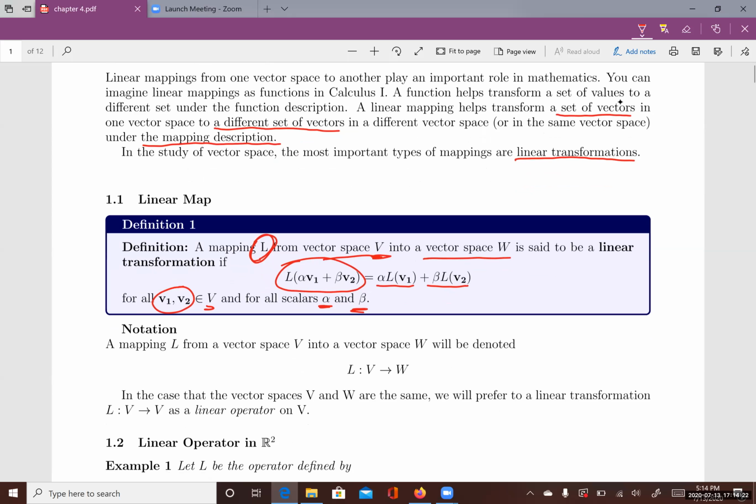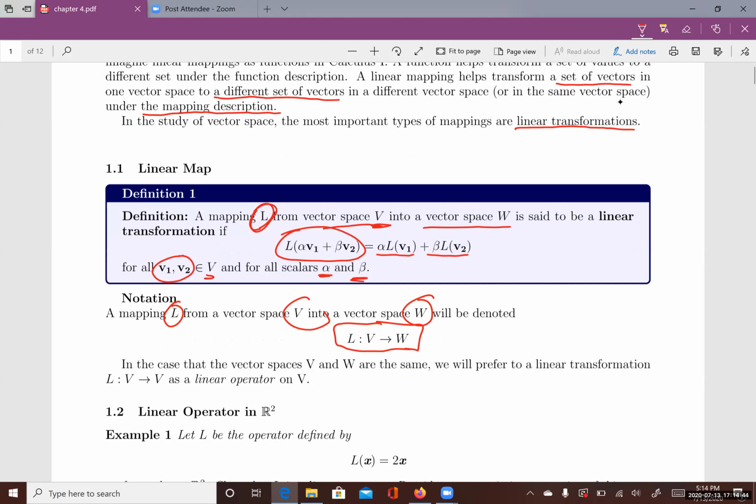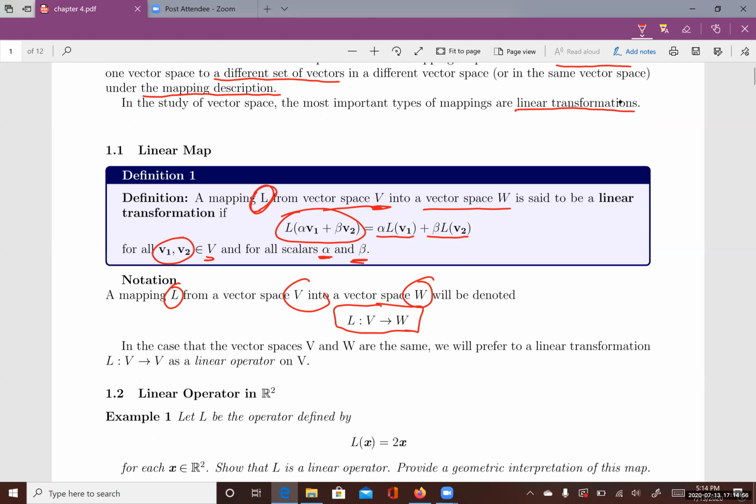The notation that we usually use when talking about a linear map from one vector space to another is, if L is a mapping from V to W, then L goes from V to W. So it takes some vectors in the vector space V and maps them to some vectors in vector space W under a map description.